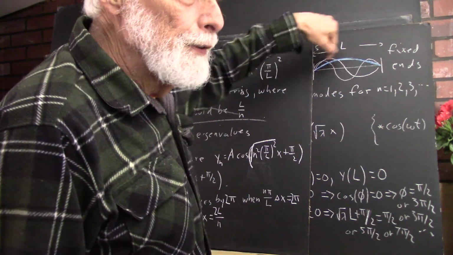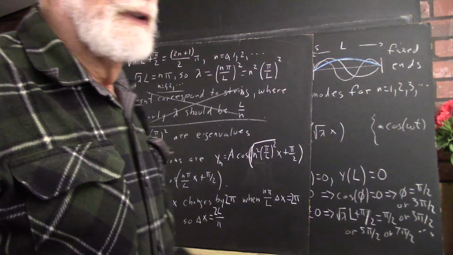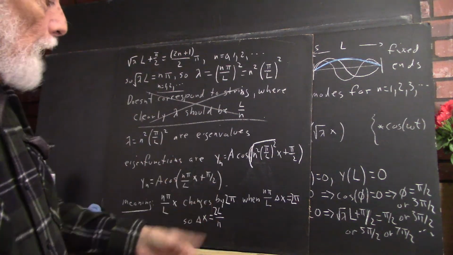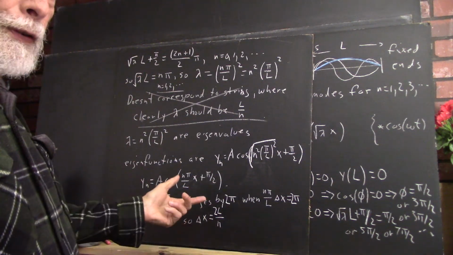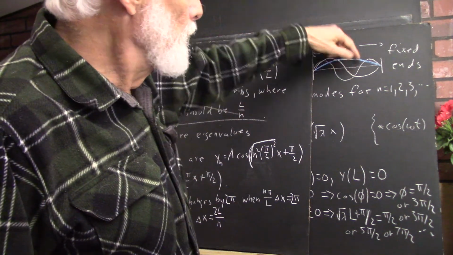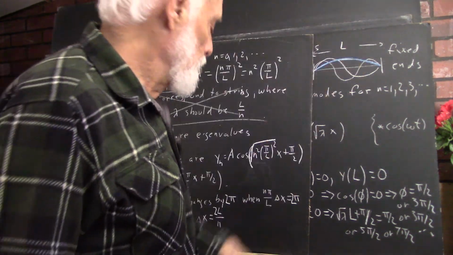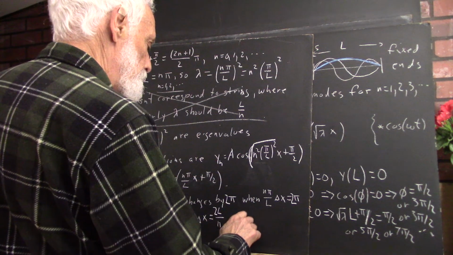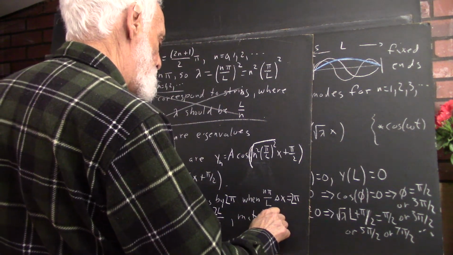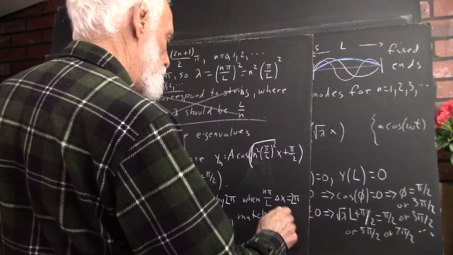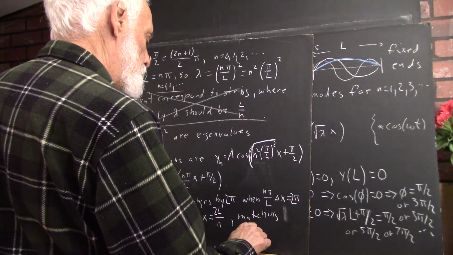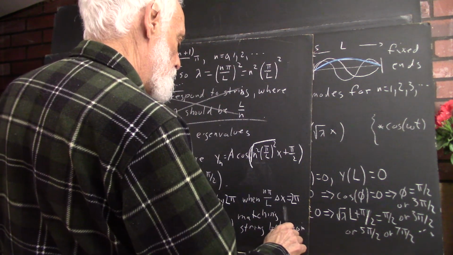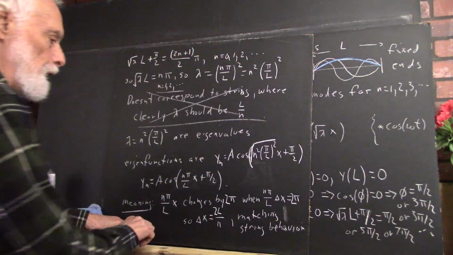Here's a complete cycle spanning a string of length L. And then if n is 3, you get 2/3 of L. Well, this one right there is 2/3 of L. Okay, so this matches the string, and that matches then the string behavior.